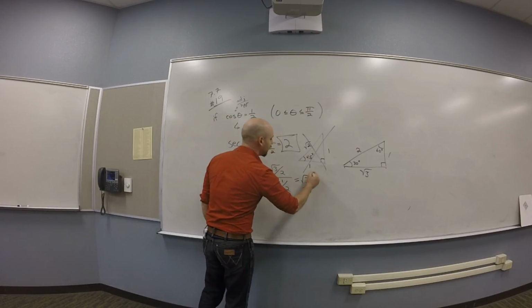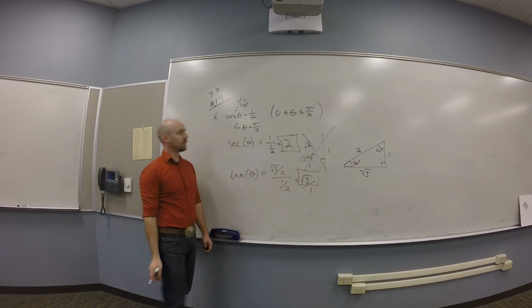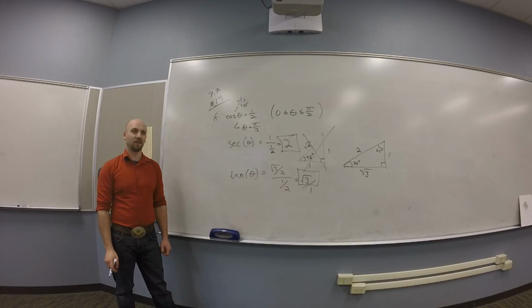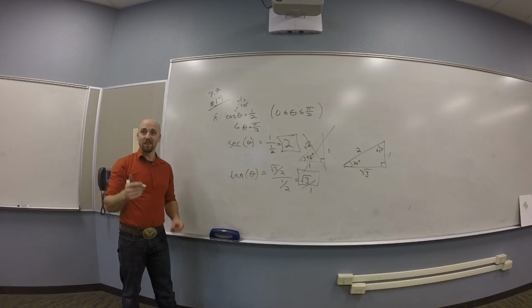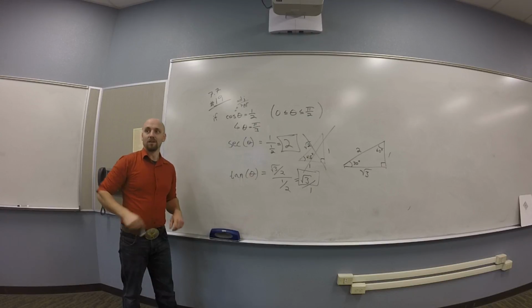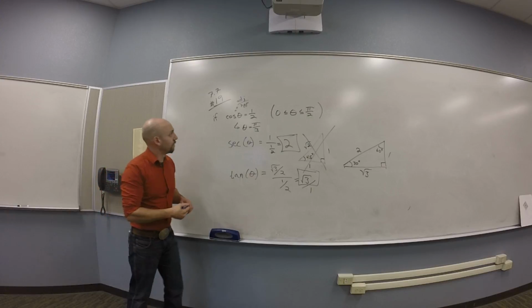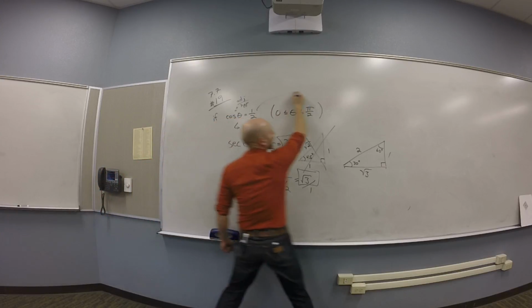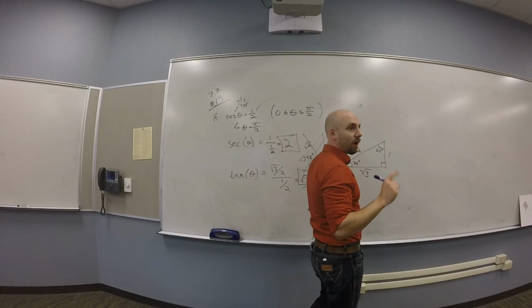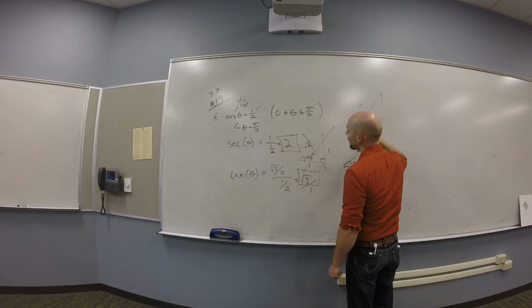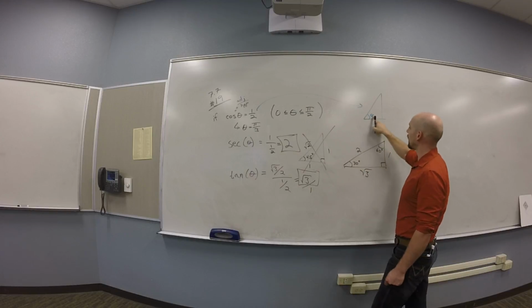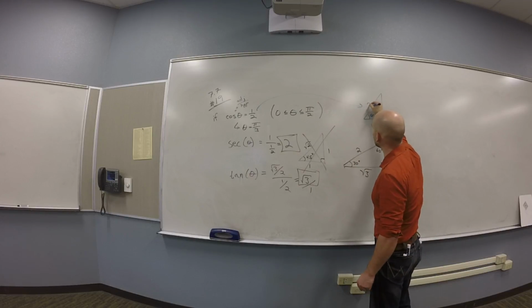Did I need to know that the angle was pi over 3 for that? You could have used it, but you did not need to know. I would have used it to do opposite over adjacent. But you could have just used cosine. I have a triangle where the adjacent side is 1 and the hypotenuse is 2.